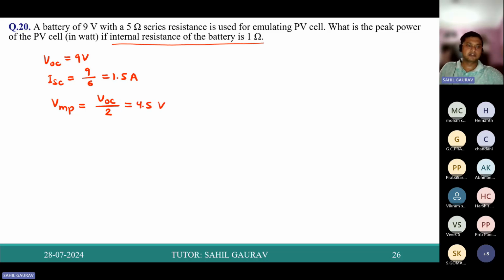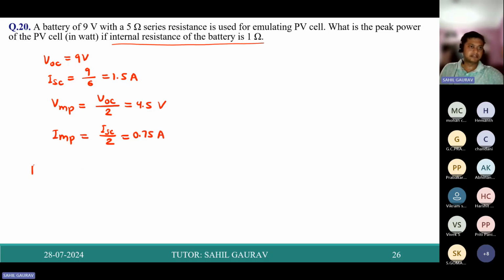So you will get 4.5 volt, and IMP will be ISC upon 2, so it will be 0.75 ampere.